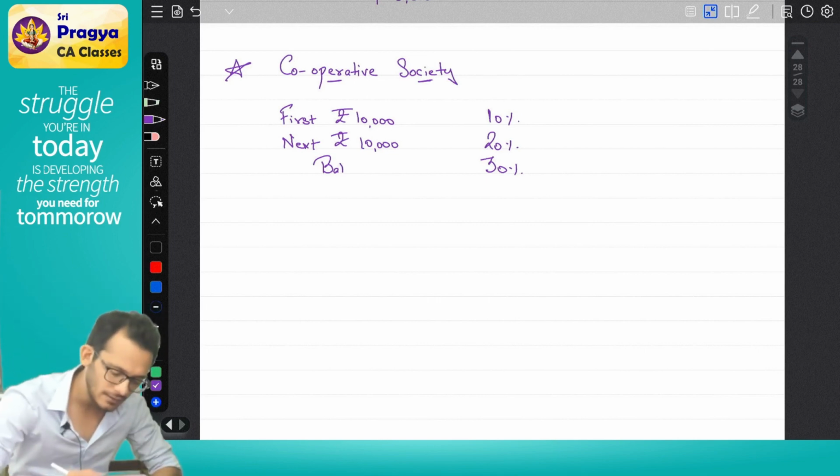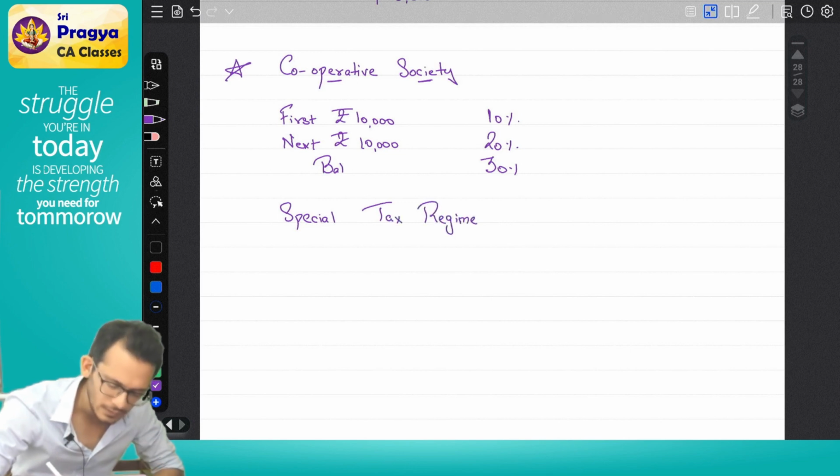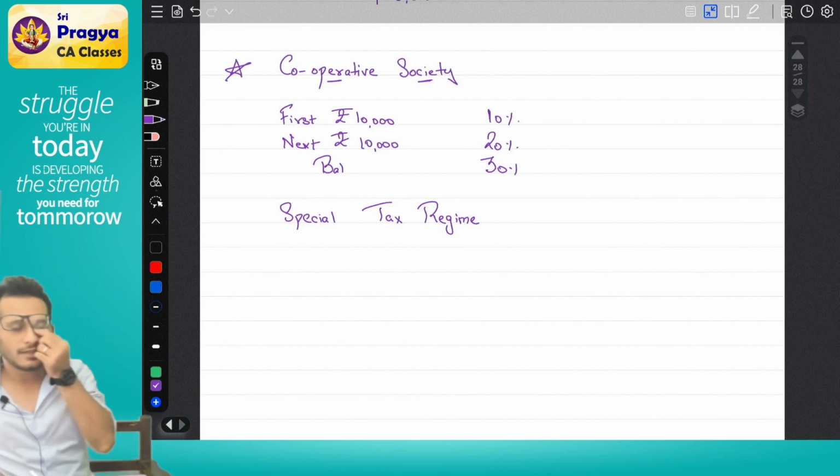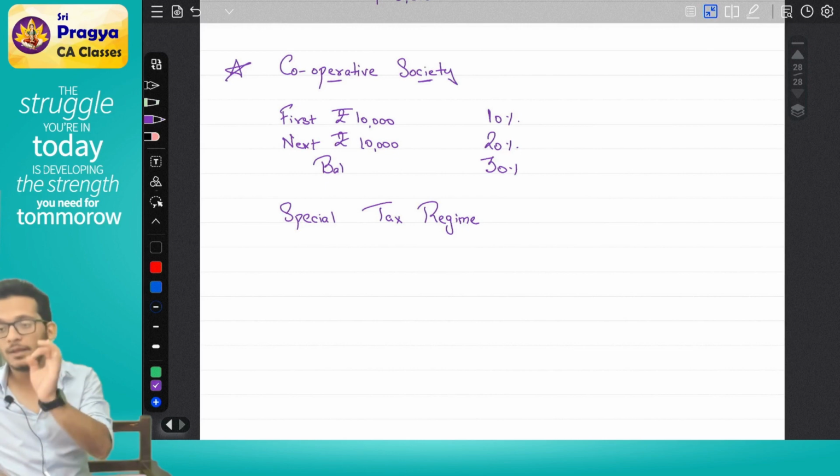Therefore they introduced the same regime concept for cooperative societies also, with no difference. Copy paste of company.